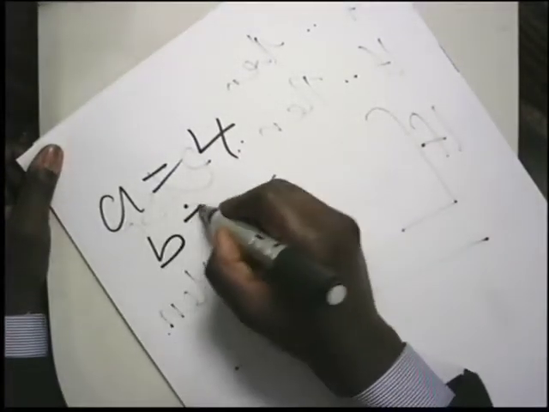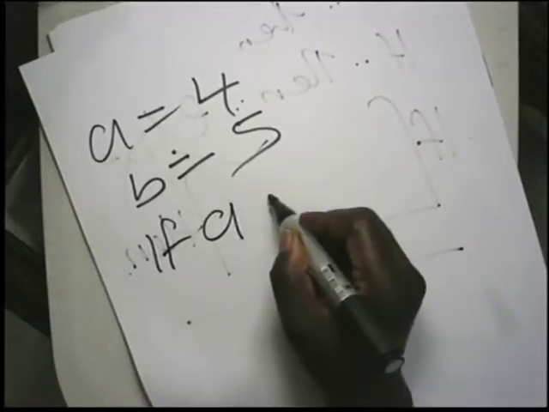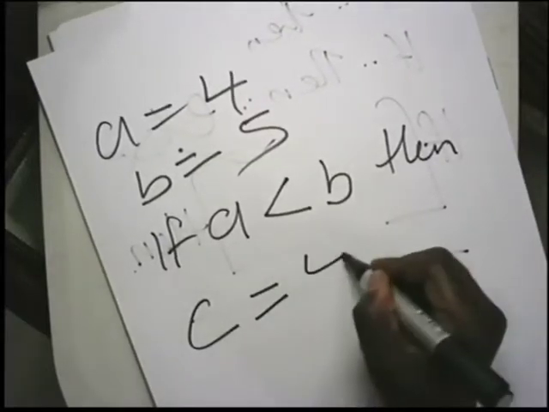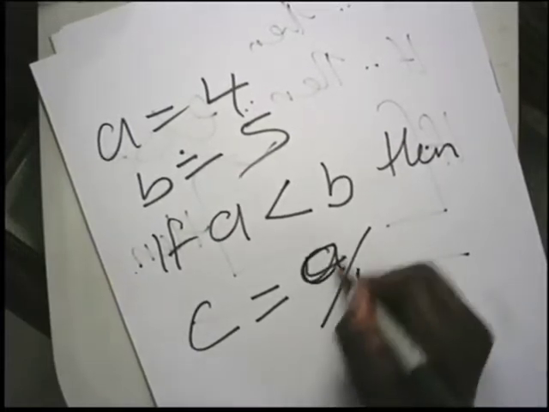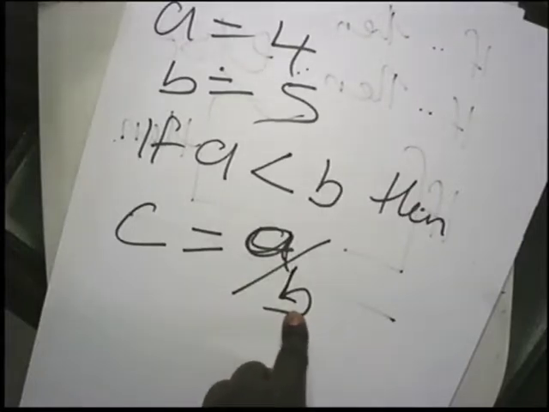Let me write a very small program for you. Let's say A is equal to 4, B is equal to 5. Then I say: if A is less than B, then C is equal to A divided by B. C equals A divided by B is not going to happen automatically.